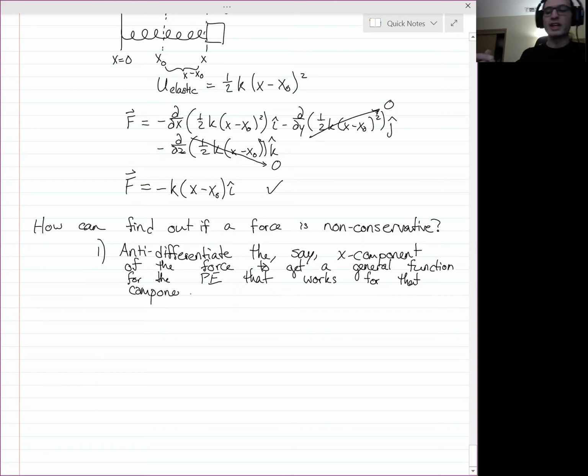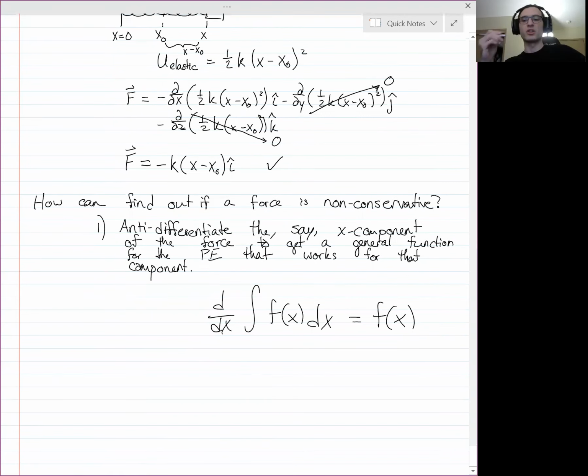So this is the fundamental theorem of calculus, right? This is just true. In order to go from the potential energy function to the force in the x direction, you take the derivative with respect to x and slap a minus sign in front.